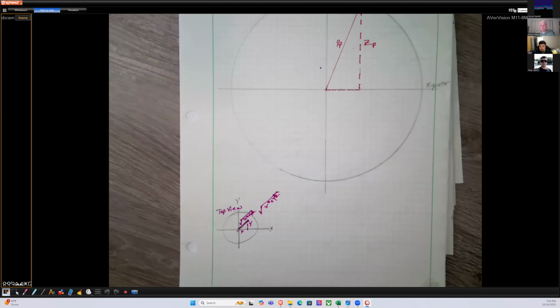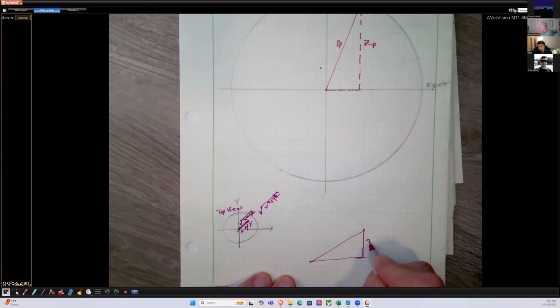That's just the distance formula, isn't it? If I have a right triangle, this is a right triangle, isn't it? It's just the Pythagorean theorem.